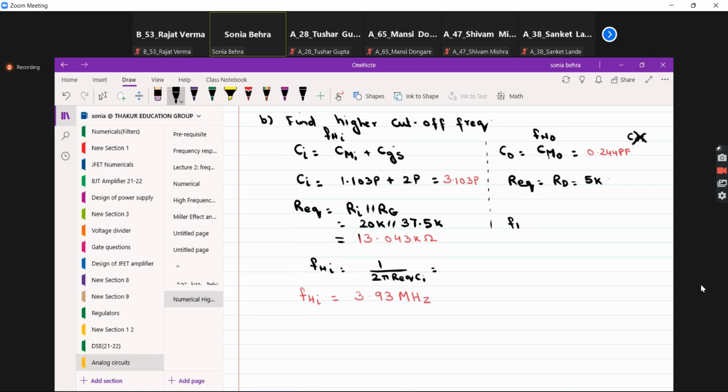Find out FHO. FHO is equal to 1 by 2 pi R equivalent into CO. Find this value. Give me this value. Yes, it's right, Shivam, it's right, Aditya. Others, please put the value. Yes, Mansi, it's right.